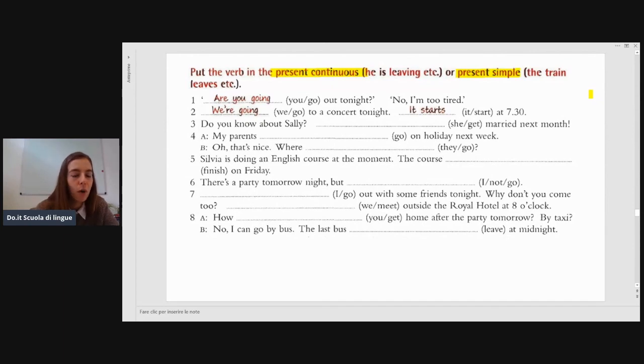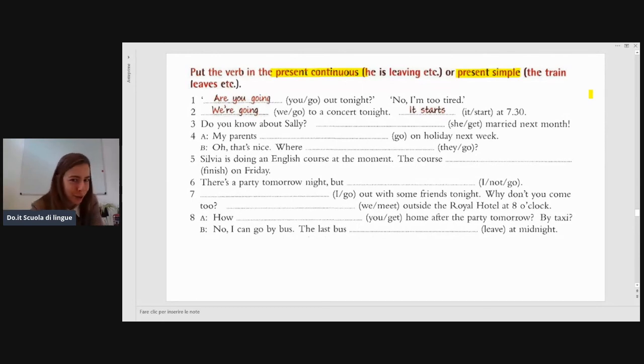So let's do number 3. Okay. Do you know about Sally? She married next month. Quindi direi che se uno si sposa è una cosa abbastanza pianificata in anticipo e c'entra con altra persona, cioè vi dovete sposare con un'altra persona.